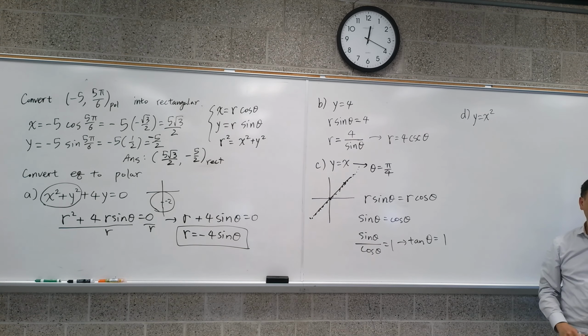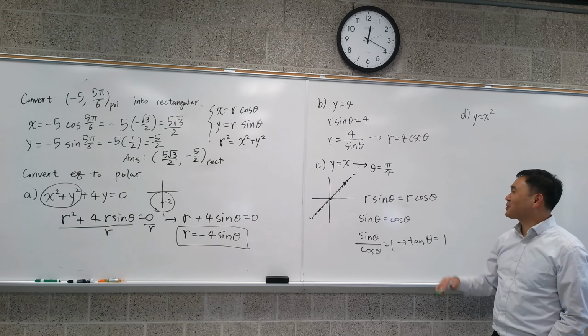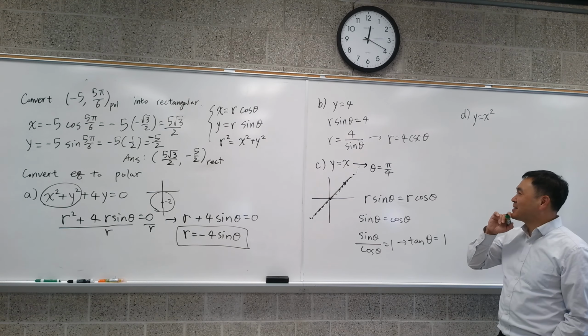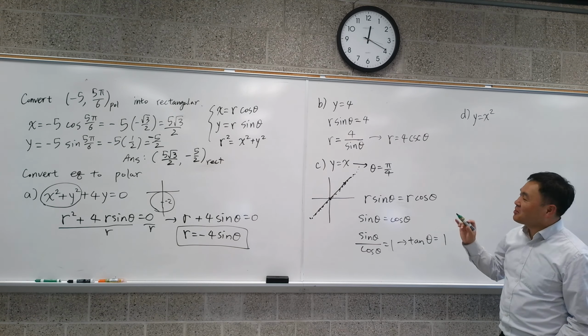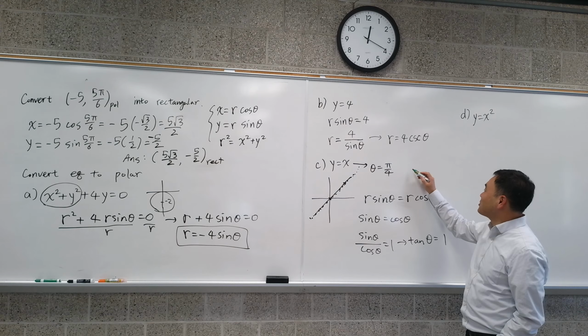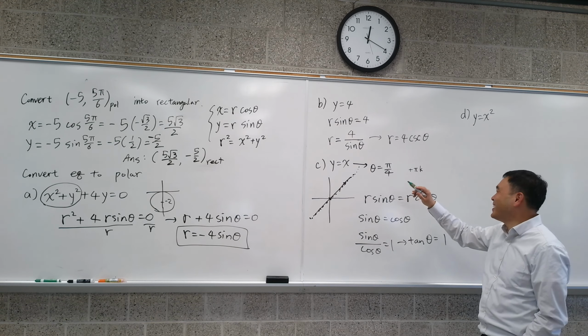Yes? Do you have to add pi k? Okay, yeah. Actually, to be even better, you could add pi k, and you could also put plus or minus pi k, okay?